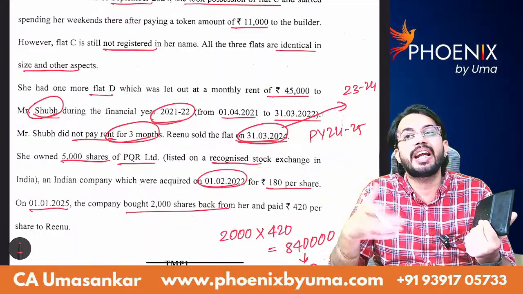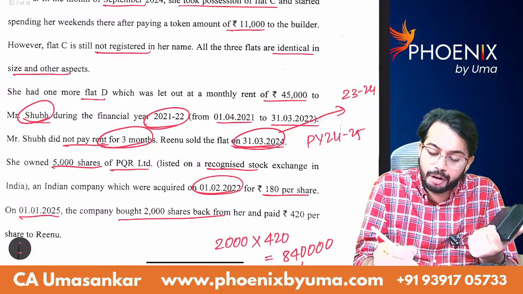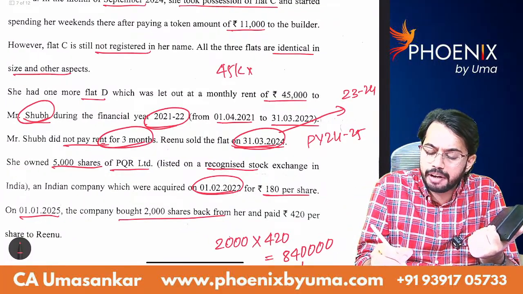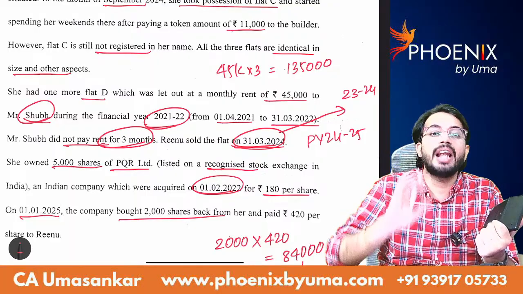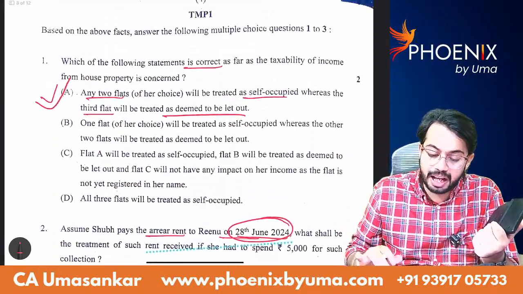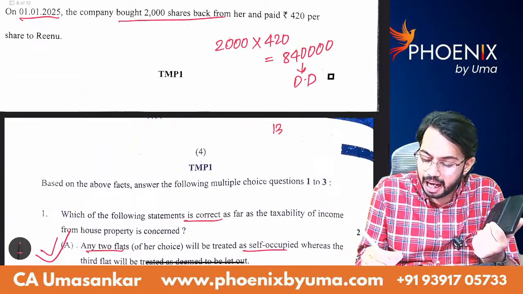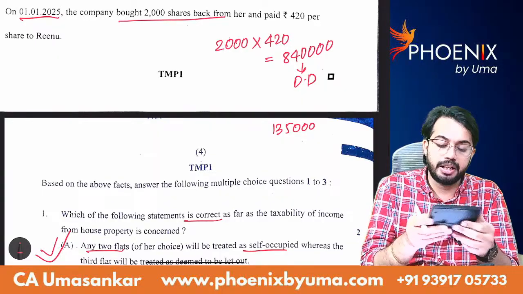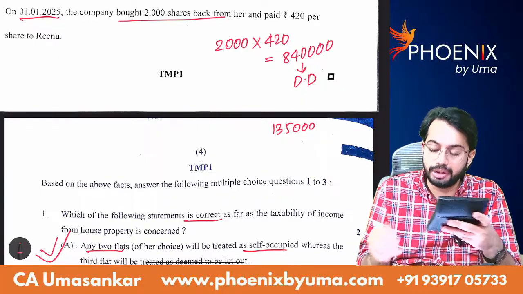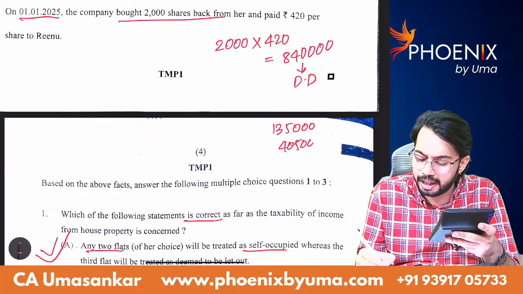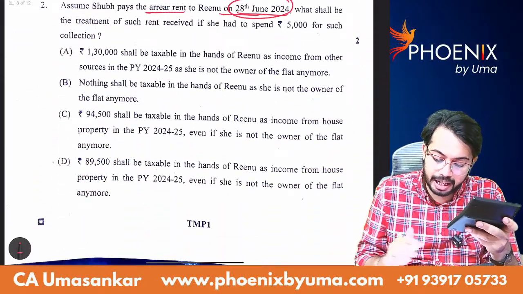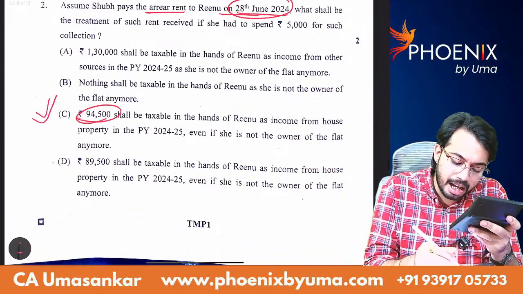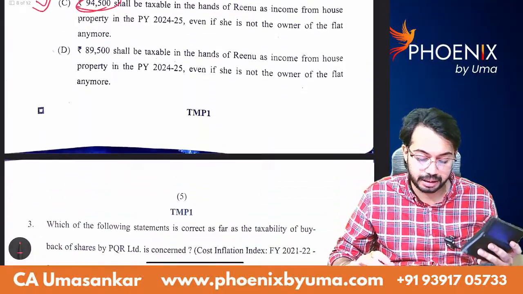So if there is recovery of unrealized rent, how much? 3 months, 45,000 into 3, 1,35,000. From 1,35,000, straight away 30% deduction is allowed. How much? 1,35,000 into 30%, 40,500 deduction is allowed. How much is the balance? 94,500 is taxable. This is the answer.